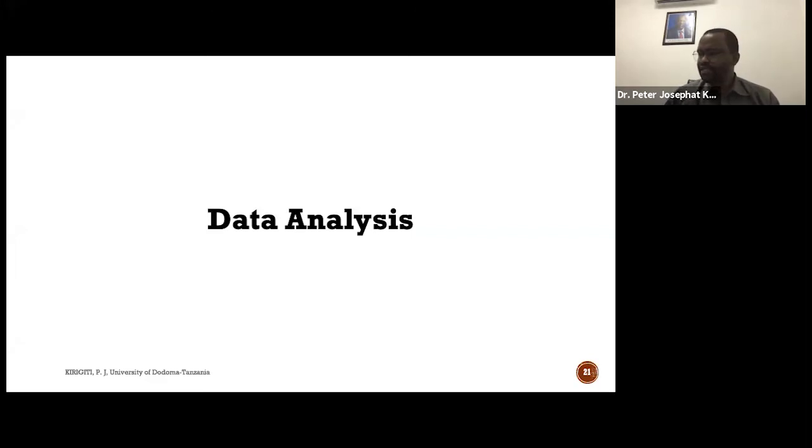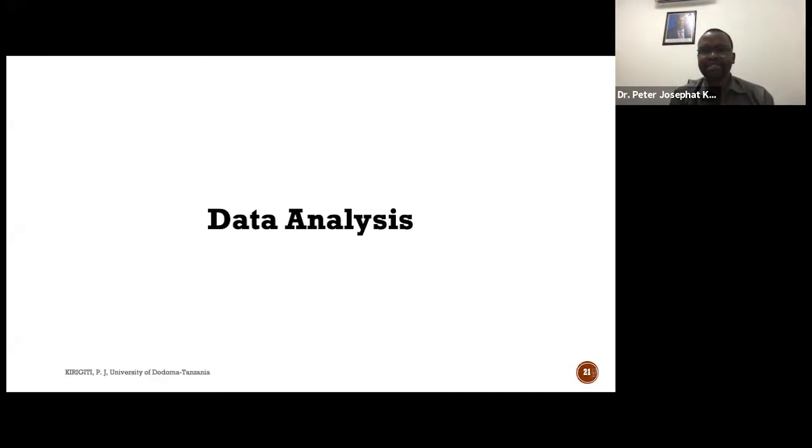Coming to data analysis. Before data analysis, the assumption is that all those issues have been considered: you know the nature of your variables, you are very certain about your sample size, and you have a very good sample.